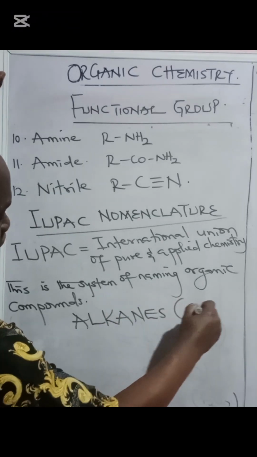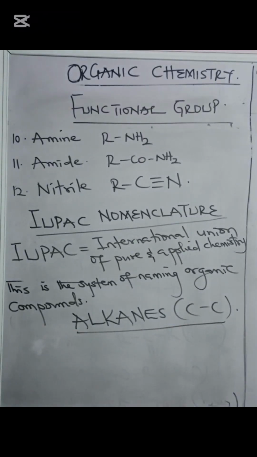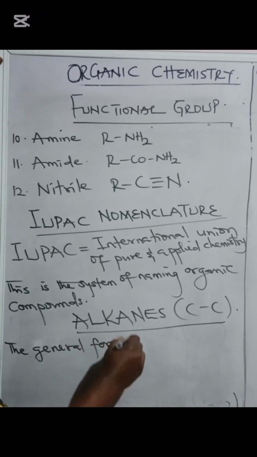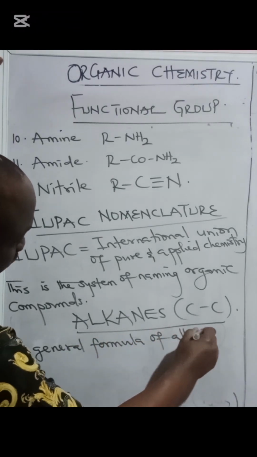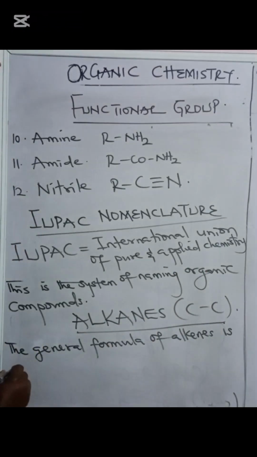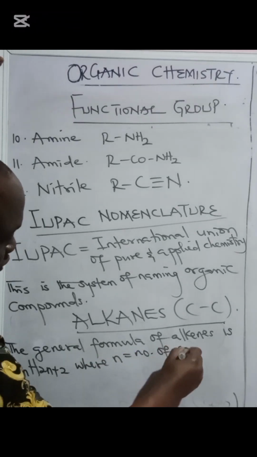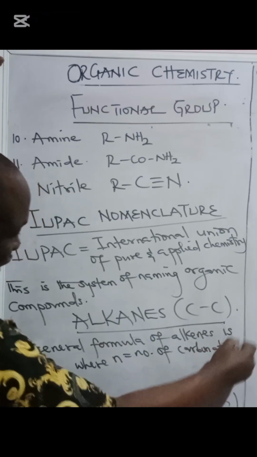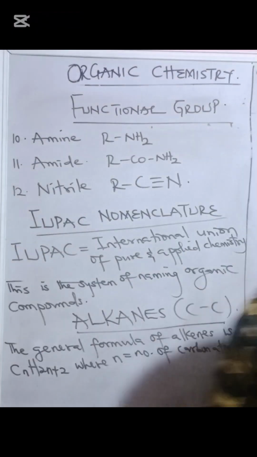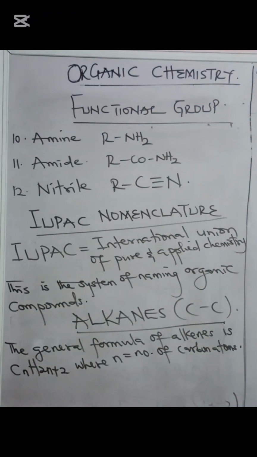Remember the functional group, C single bond C. The general formula of all alkanes is CnH2n plus 2, where n is equal to the number of carbon atoms.